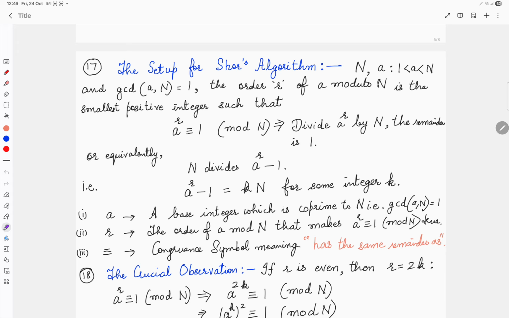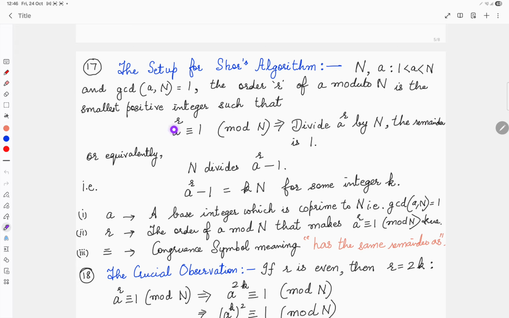Like if GCD is 1, the order R, what is order R? Of a modulo n. So we are actually finding out the order of a modulo n, a to the power x modulo n. It is the smallest positive integer such that a to the power r is congruent to 1 over mod n. Right. So modulus has got the same meanings. Divide a to the power r by n, the remainder is 1.